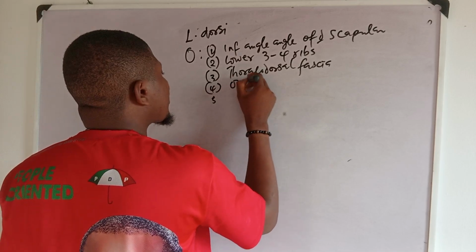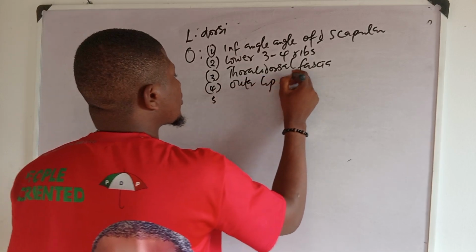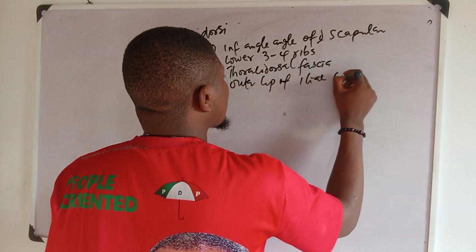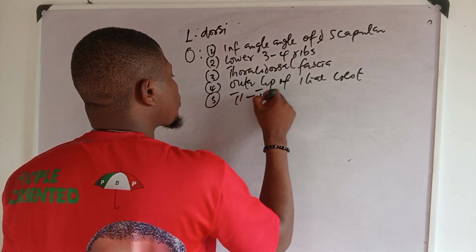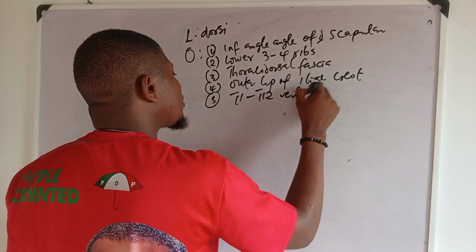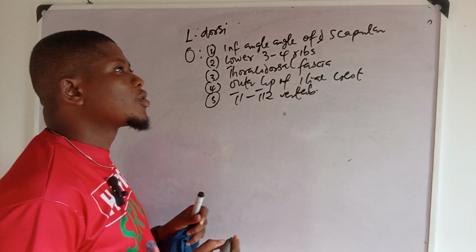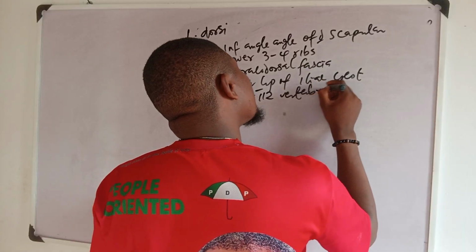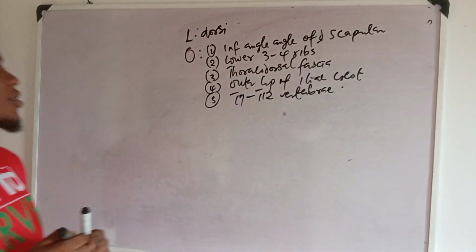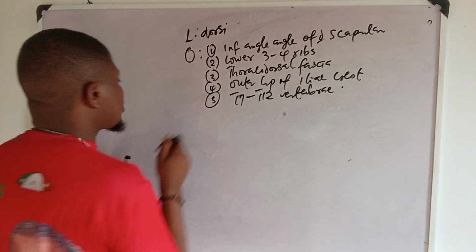Outer lip of the iliac crest. Then T7 to T12 vertebrae. Okay, so these are the five origins of latissimus dorsi.